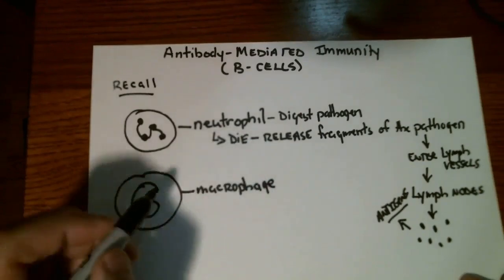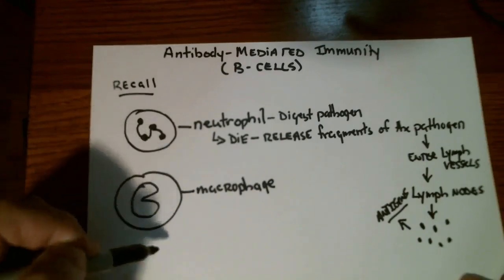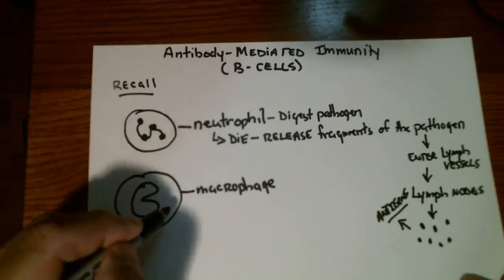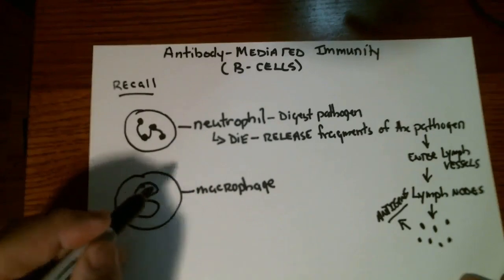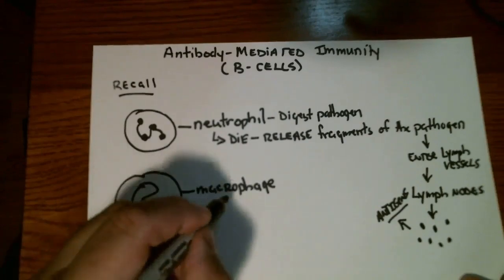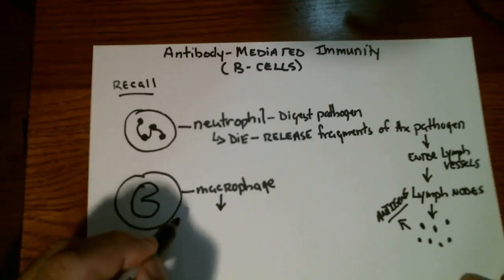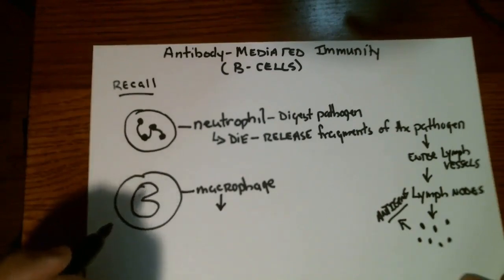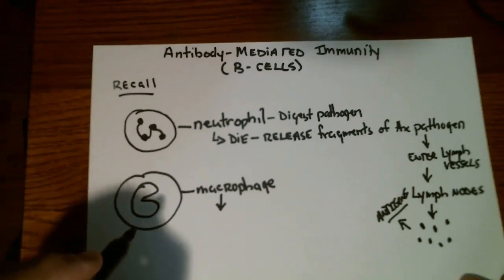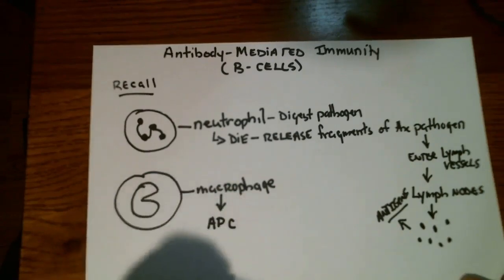So what happens? The macrophage comes in, it engulfs the pathogen just like the neutrophil did, but what's the difference? The macrophage is able to digest the pathogen into individual fragments, but the macrophage doesn't die. Instead, it takes those pieces of pathogen and presents them on the surface via major histocompatibility complex class 2, and the macrophage then becomes an antigen-presenting cell.